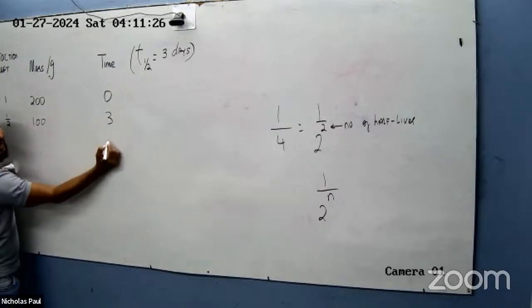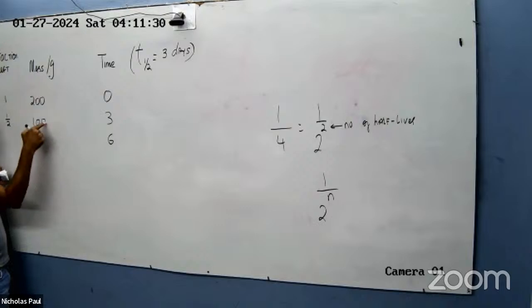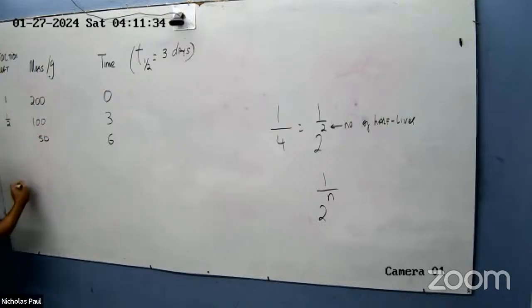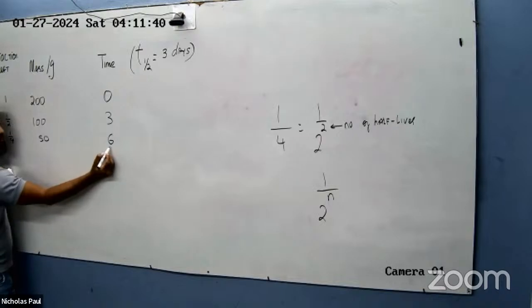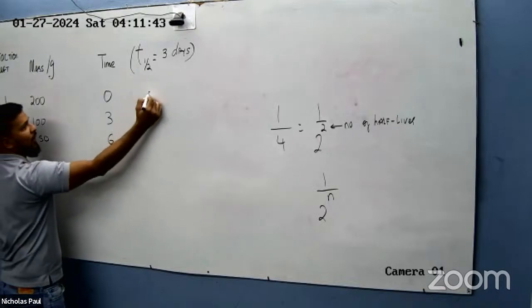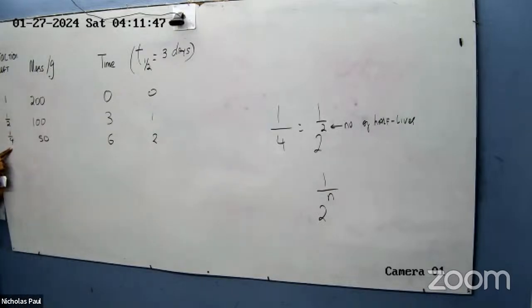After our next half-life, that's 6 days, half of the present amount. The present is 100, so we'll be at 50. And 50 is 1/4 of this. So this is 0 half-life, this is 1, this is 2. After 2 half-lives, we are at 1/4.